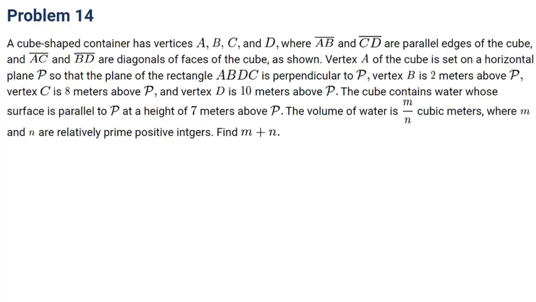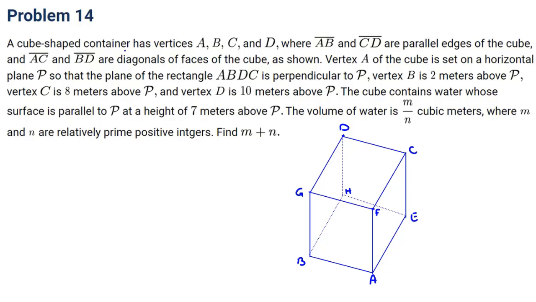Problem 14. A cube-shaped container has vertices. Let me draw the figure. Okay, a cube-shaped container has vertices A, B, C, D, where AB and CD are parallel edges of the cube, this one and this one, and AC, BD are diagonals of faces. Let me show you AC, the diagonal of this face, BD, the diagonal of this face.